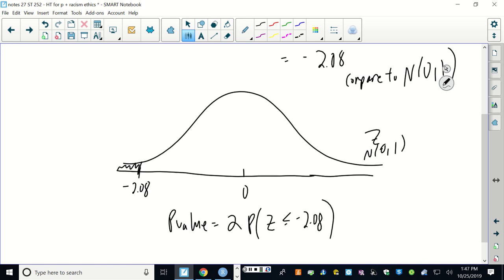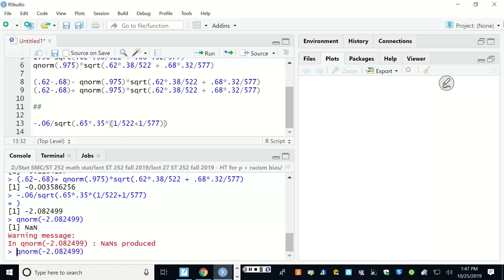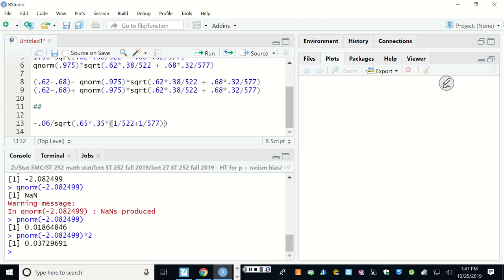It's twice because the alternative was two-sided. So negative 2.08 or less, or 2.08 if we phrased it the other way, is kind of equal evidence against the null of 0. So a P norm of negative 2.08 is 0.0186. Right? And that times 2 is a p-value, so our p-value is about 0.037.